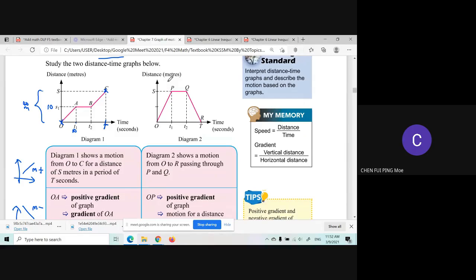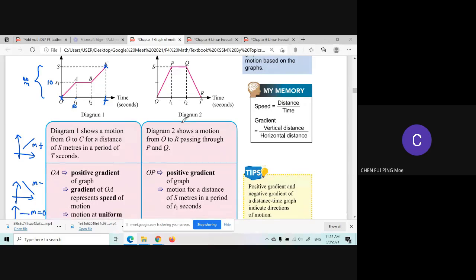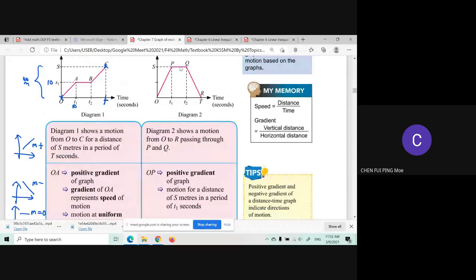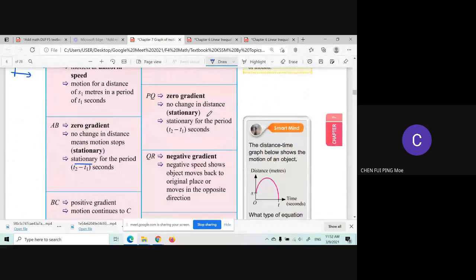And then for this example, OP and PQ are the same in meaning, but the difference is like this. This one is motion from O going to R, passing through P and Q. I think OP and PQ we do not look at, we straight away look at Q and R, you can understand better.